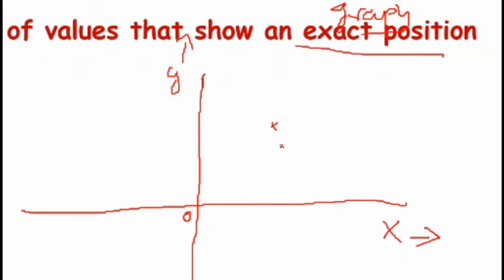So now I want to locate, suppose, this book, and I have to locate this book. On the x-axis I have values 1, 2, 3, 4, etc. And also on the y-axis I have 1, 2, 3, 4 and so on.